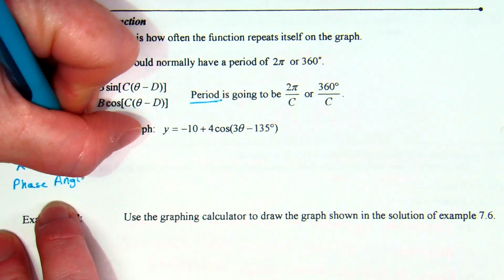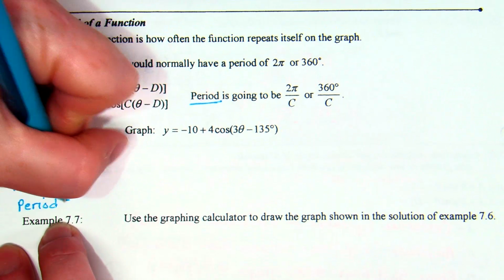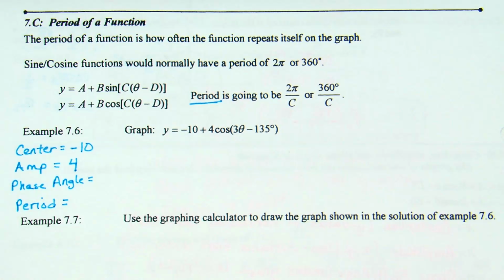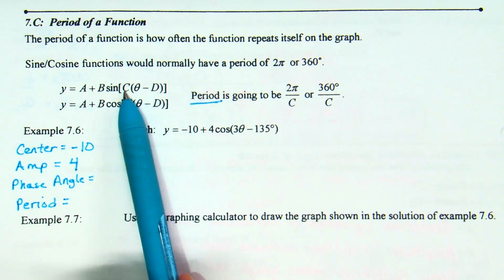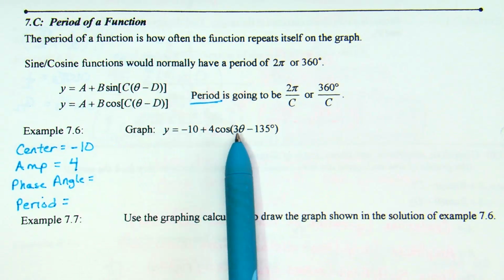Can't remember if they were ever set up like this. Notice how ours is set up compared to how the original form is set up. This just says 3 theta minus 135, whereas this says c times theta minus d. In order to make this match, you really need to do a factored version. I know how we did it.